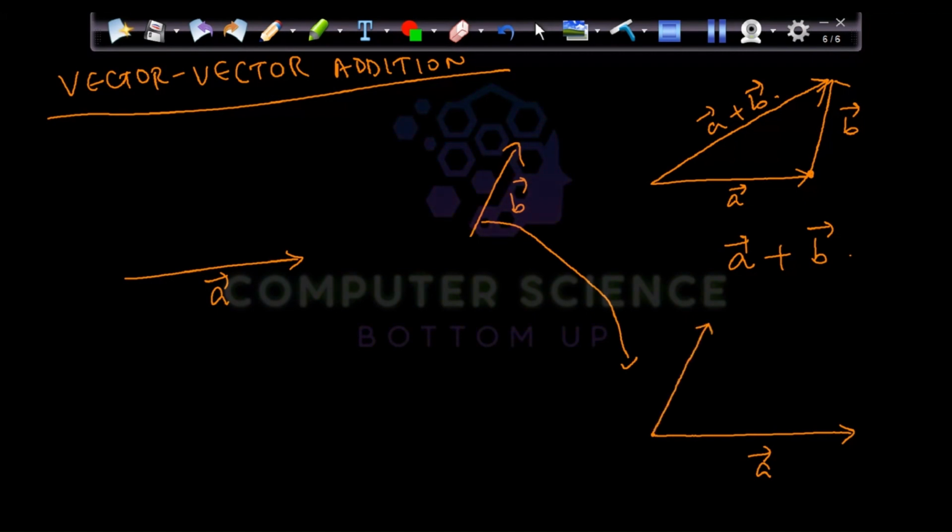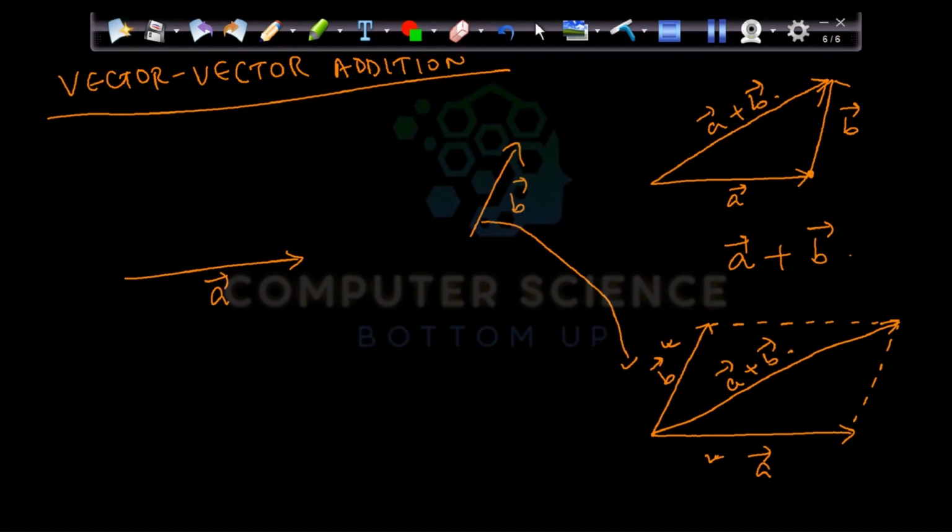Now using these two as two sides, this is the parallelogram that they will make. Then this diagonal is what your a vector plus b vector is.